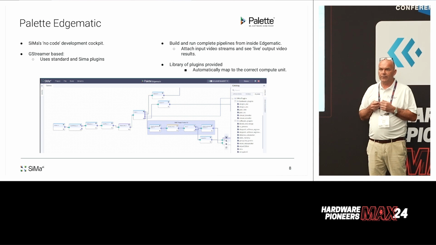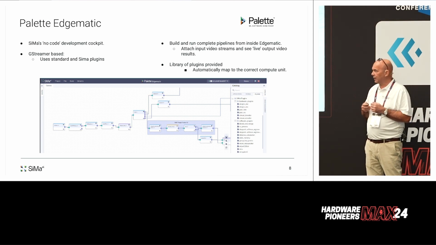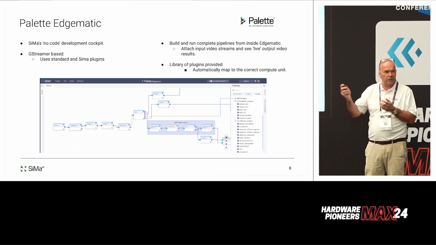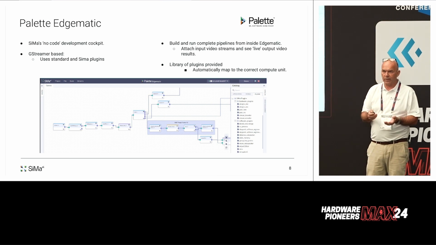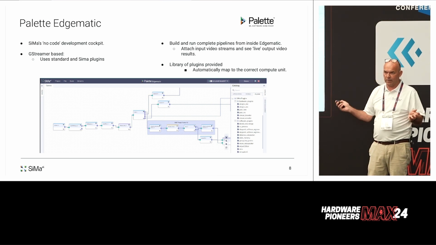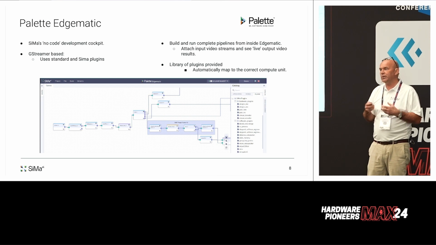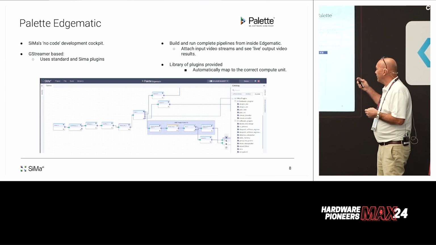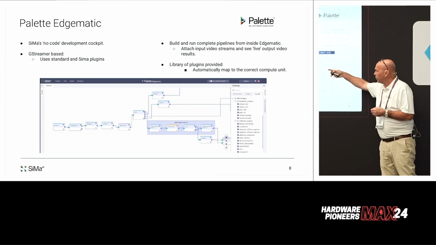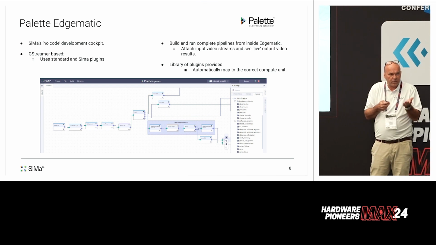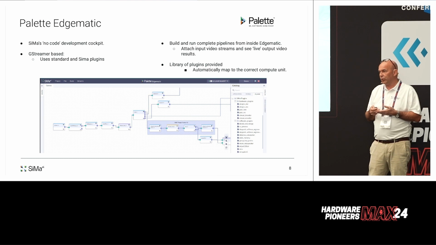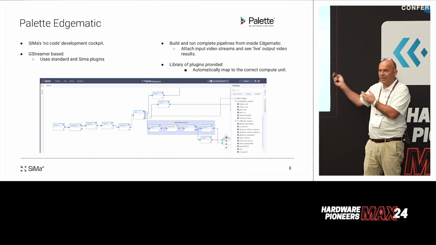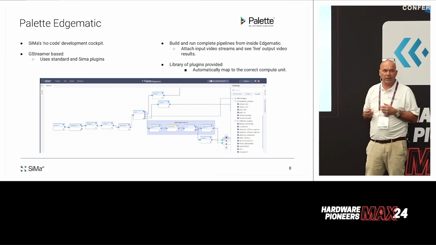But we're also building this graphical tool that allows basically a drag and drop way of going into libraries, pulling the plugins into the canvas, connecting them up and configuring them. So building your pipeline becomes like drawing, okay? You can see that there are plugins that we supply that match to our silicon. You can also bring in your own models. So you've trained your own model for your application. You can bring it into this tool and use it directly.